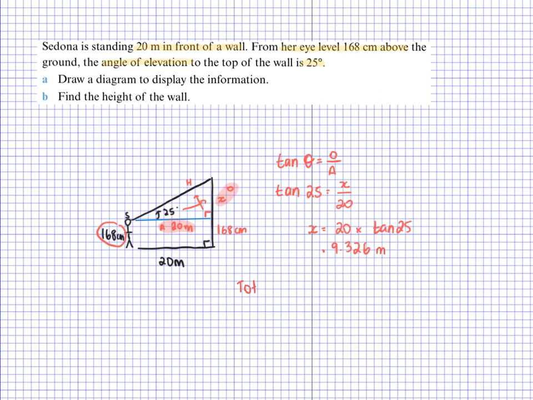So total height is going to equal our 9.326 adding our 1.68, converting this 168 centimeters to 1.68 meters, which is going to give us an answer of 11.006, which in this case would be 11.01 meters, and that would be accurate enough for this question.